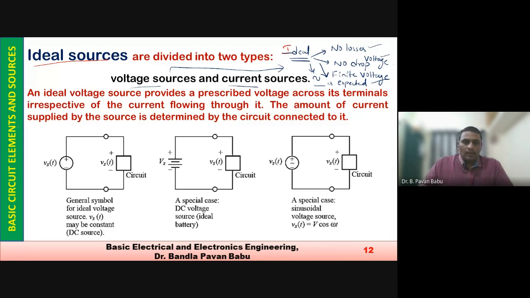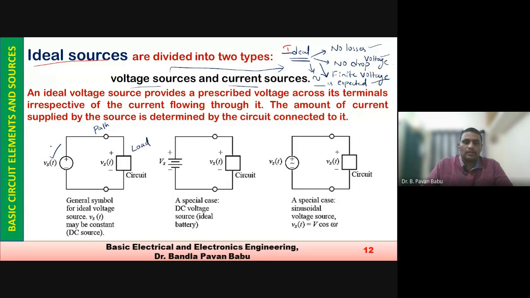Okay. If you see this symbol, this is about the source. If you want to draw any circuit, we keep in mind that some source should be there, some path should be there, and the load should be there.